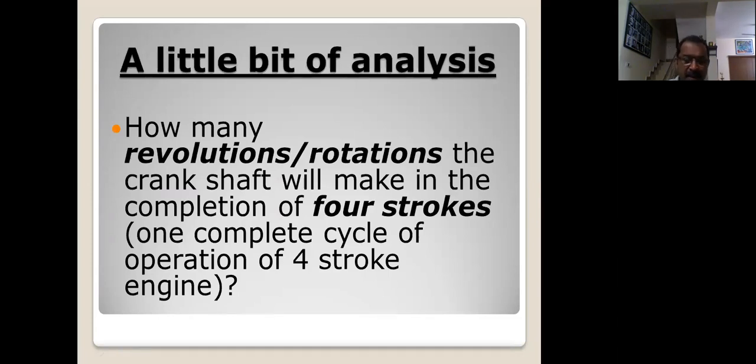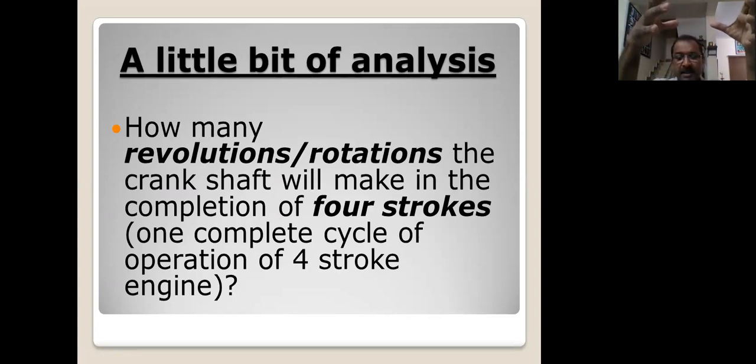So let us go for a bit of analysis right now. My question is, how many revolutions or rotations did the crankshaft make in the completion of the 4 strokes?